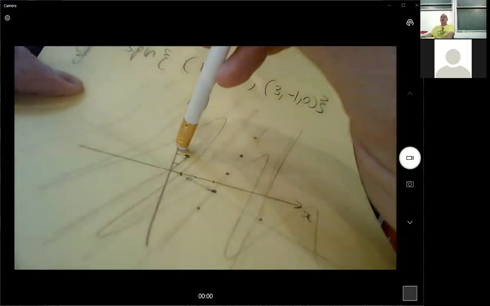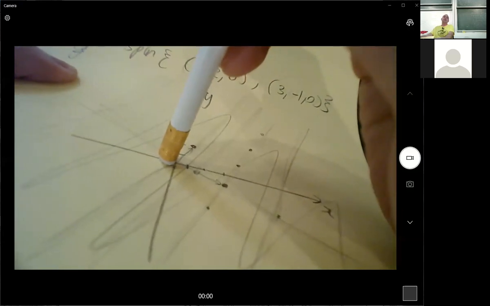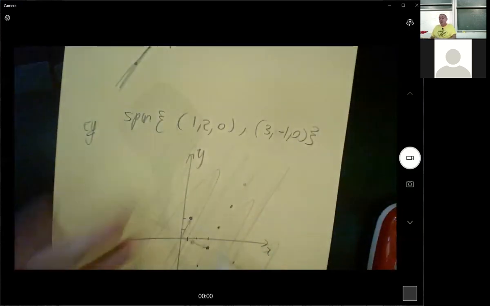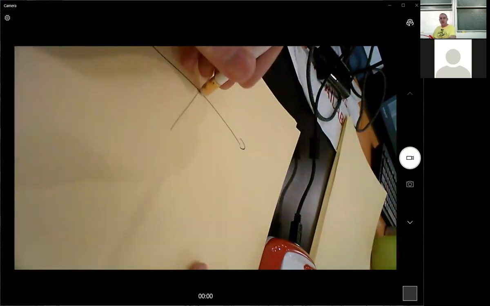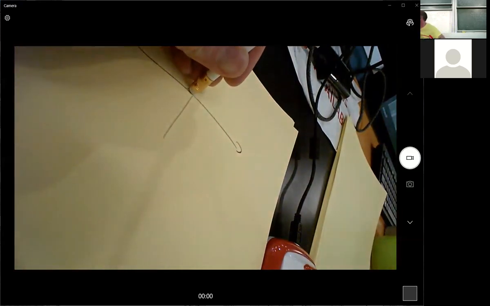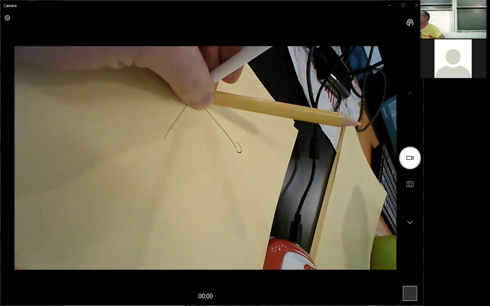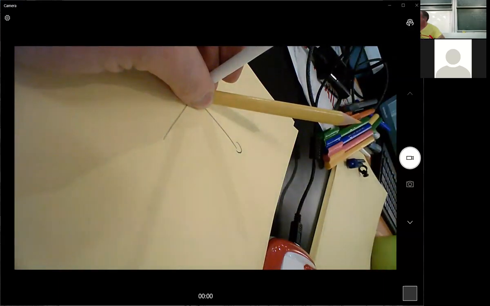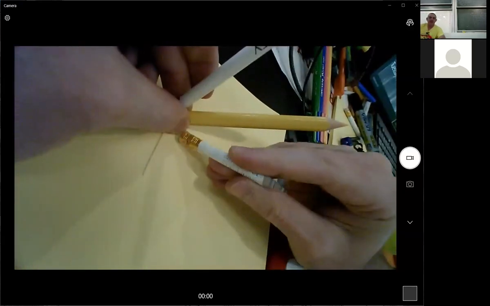There's a z-axis here too. So what these two things did is they produced a plane together. That would have happened even if they weren't sitting flat on the page. If I had had something that was more like, there's my z-axis, and I could have had that vector and that vector.